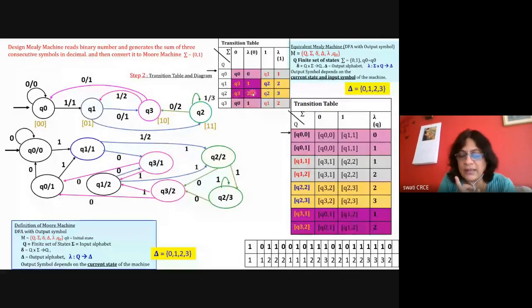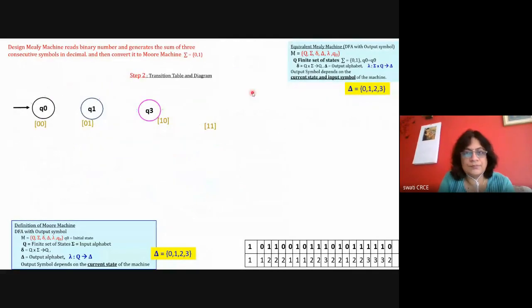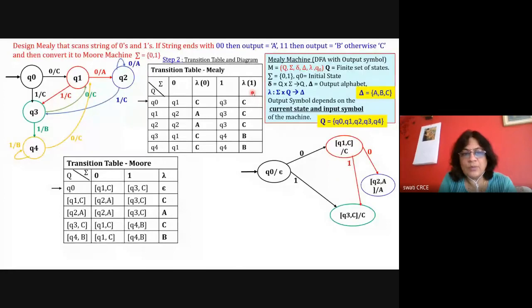In the previous problem, there was no problem. Q1 was there three times, and every time Q1 is with C. So we are taking only one row here.